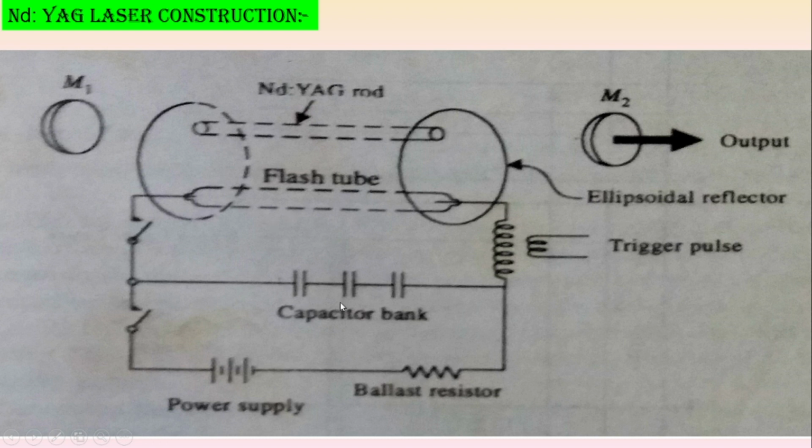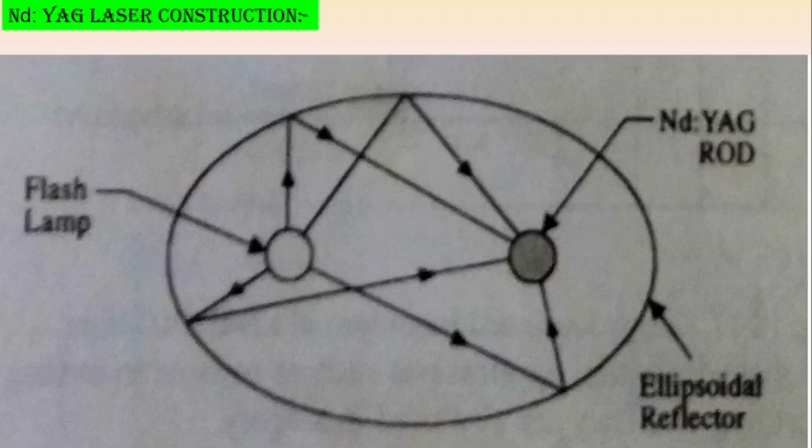And this is the circuit to switch on the flash tube, and this is the Nd rod, and this cavity is in the form of an elliptical shape. And this is the cross sectional view of the Nd laser cavity.